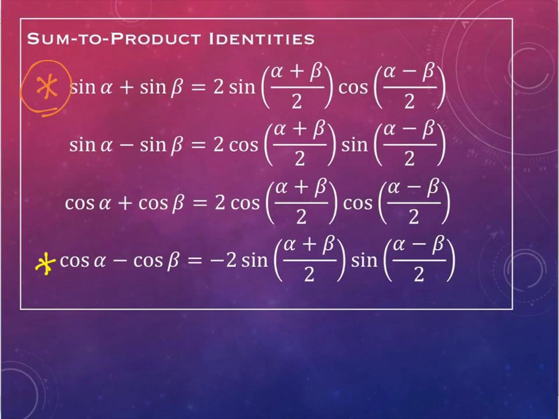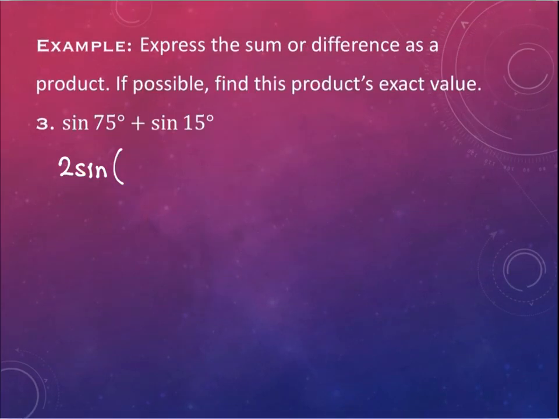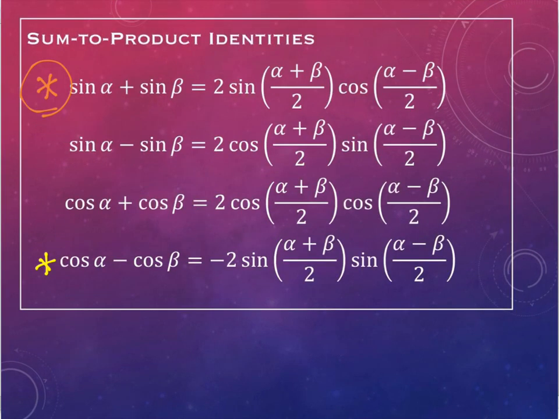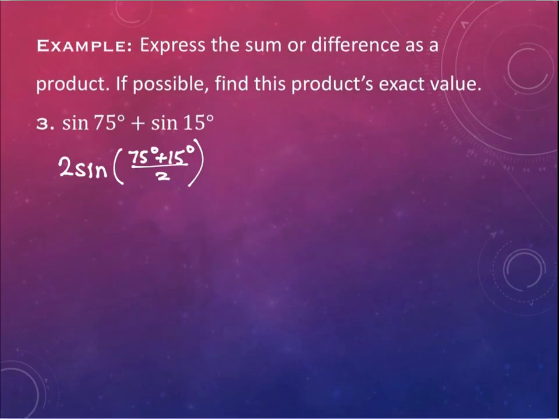It says I'm supposed to add the two angles together and divide by 2. So I have 75 as one angle and 15 degrees as my second angle, and I'm going to divide by 2. We will come back and do that, but right now we're just filling in the blanks, okay? Then it says I'm going to have the cosine of the angle subtracted and divided by 2.